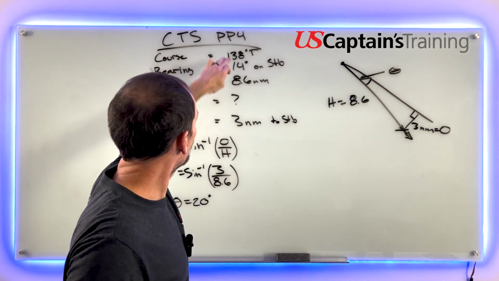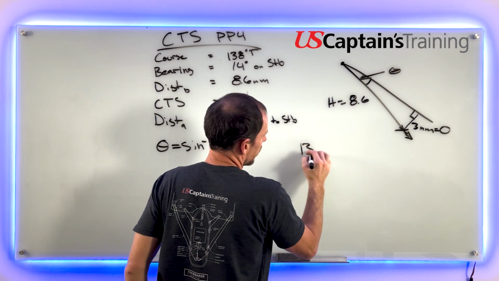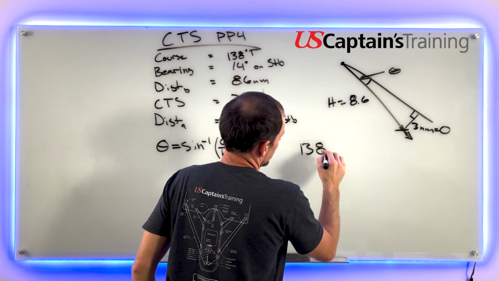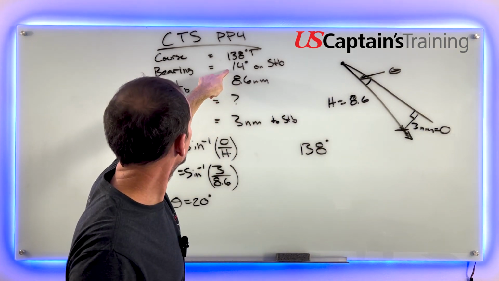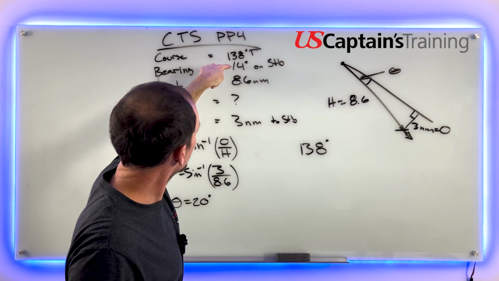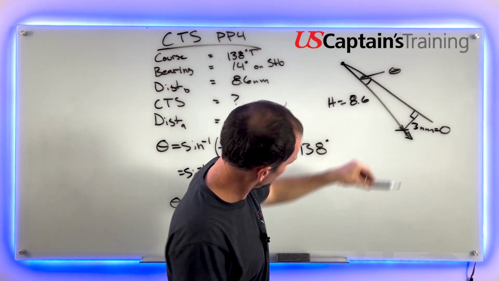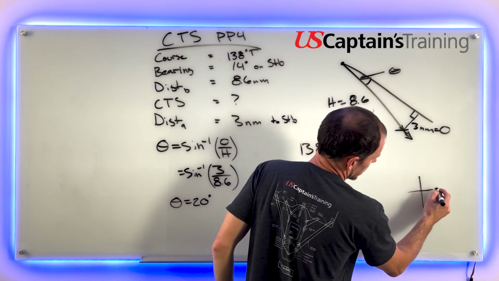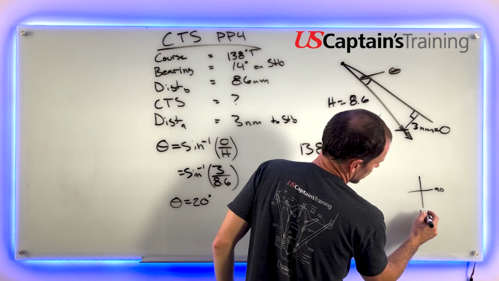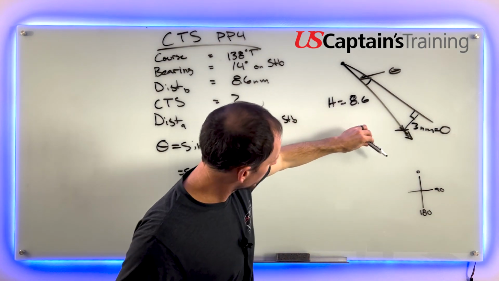We started 138. So we were on course 138. We spotted this light 8.6 miles away, 14 degrees on starboard. So if we're at 138, let's just draw a little diagram, right? Here's a compass rose. You know this is 90, and this is 180. This is 0. And we're at 138.